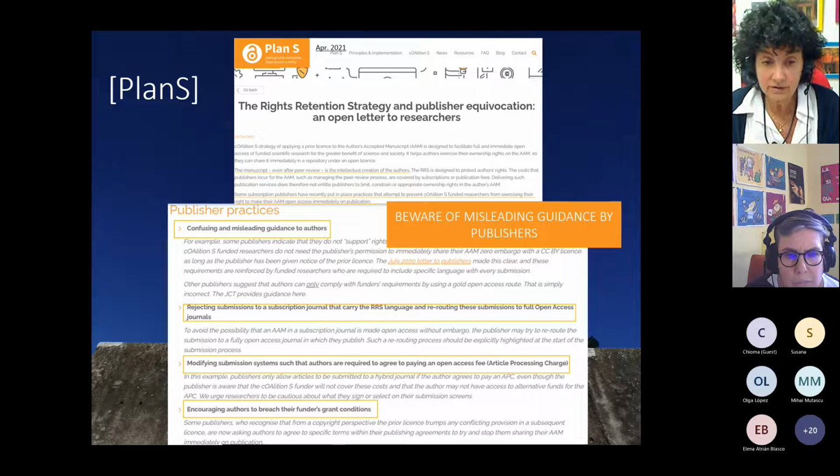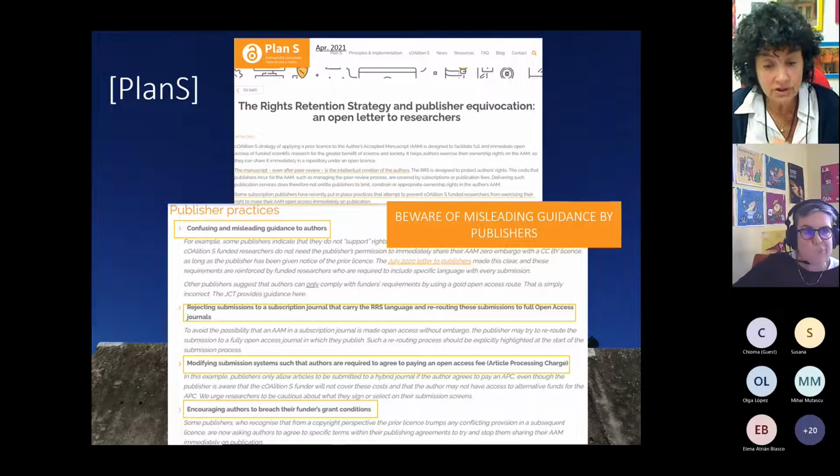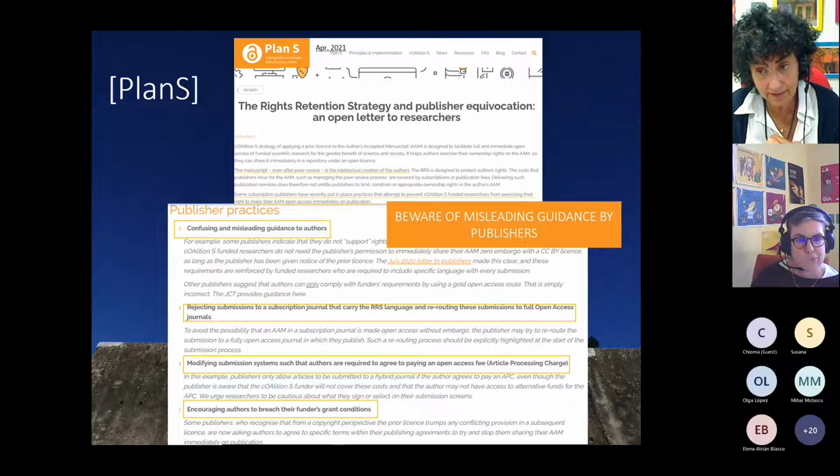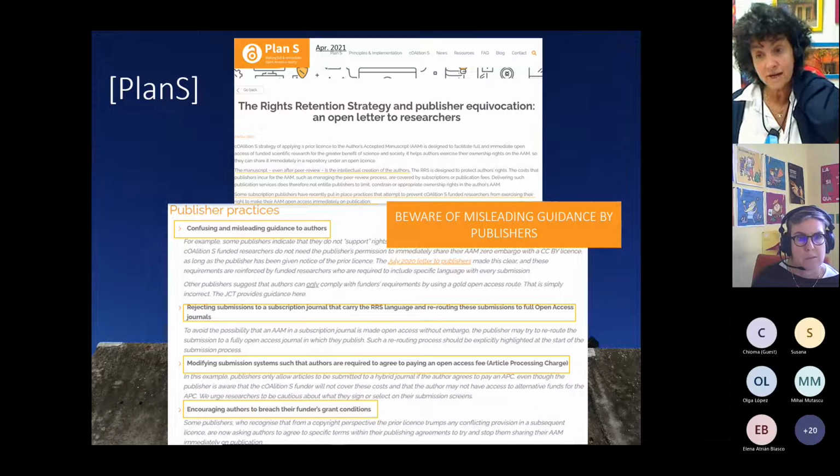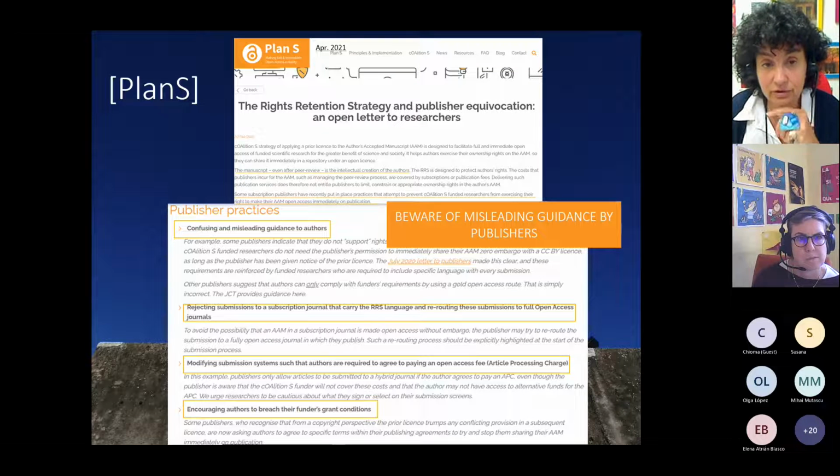Like rejecting the submission to a subscription journal for a full open access APC, so paid journal, or encouraging authors to breach the funder's grant condition, which is a grant infringement, okay? So don't trust your publishers on the right retention strategy, and please refer to this Plan S guidance.